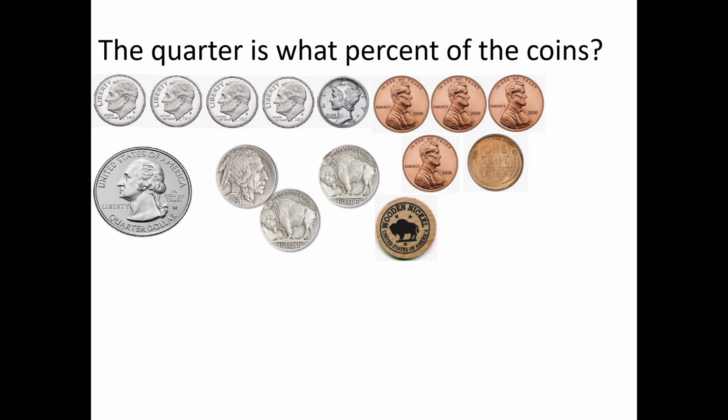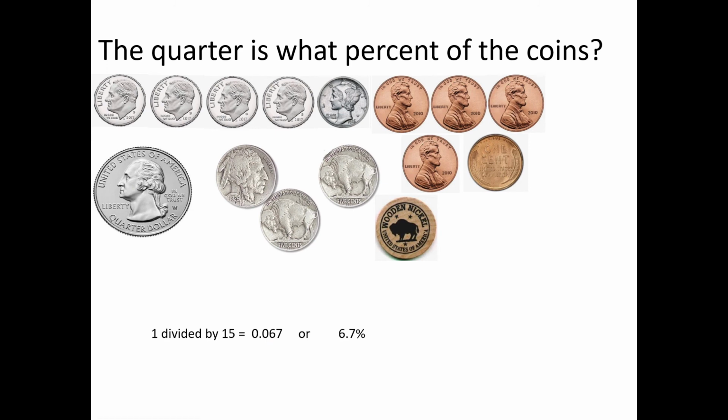The quarter is what percent of coins now? What percent of the population is it? So remember, we have 1 quarter. There are 15 total coins. So 1 divided by 15 equals 0.067, or 6.7%.